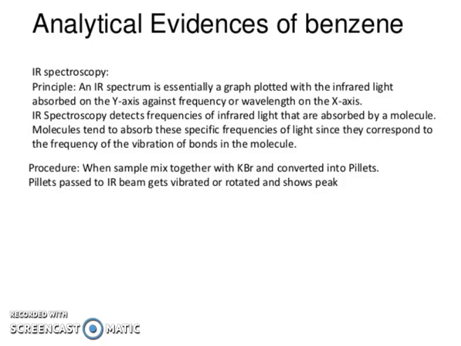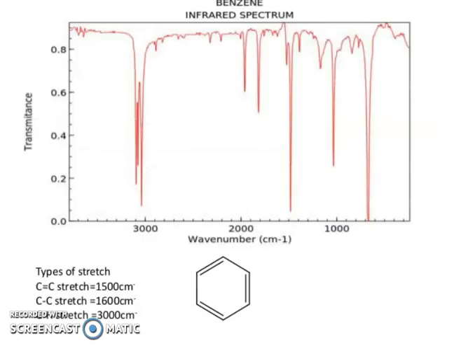Molecules tend to absorb specific frequencies of light since they correspond to the frequency of the vibration of bonds in the molecules. What is the procedure? The sample is mixed together with KBr and converted into pellets, and the pellet passed to the IR beam gets vibrated or rotated and shows peaks.